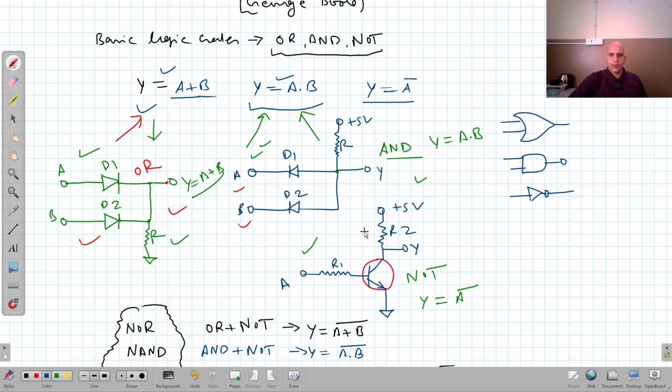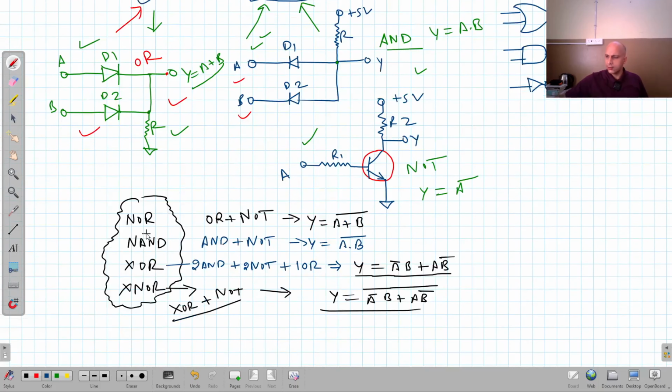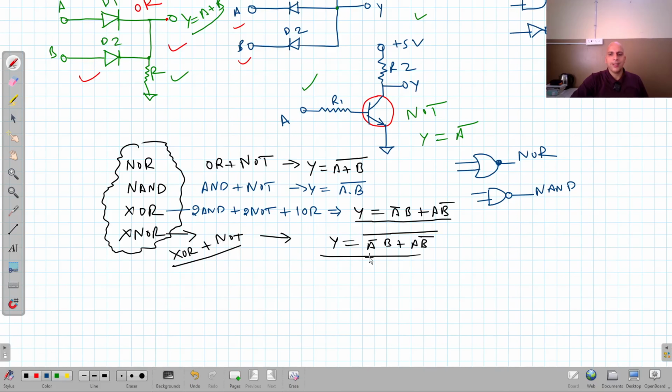Now, as far as the NOR gate is concerned, NOR means OR plus NOT. So NOT means a bubble here on the output. This is NOR, right? NAND means AND and a bubble NOT. This is NAND, right? What is XOR?